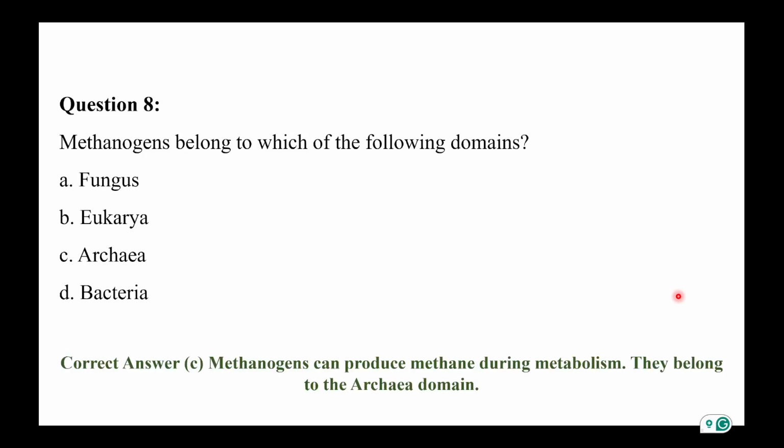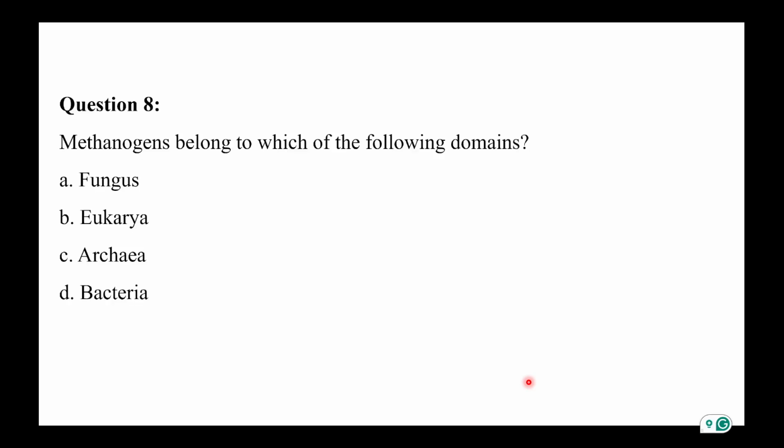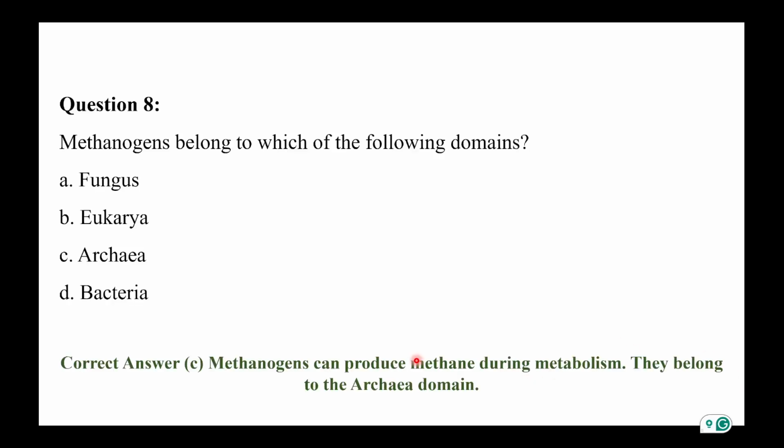So methanogens can produce methane during metabolism. I already showed you in this figure, from acetate by methanogenesis, methanogens can convert acetate into methane and carbon dioxide, and these methanogens belong to the archaea domain of bacteria. So bacteria are divided into two categories, eubacteria and archaebacteria.